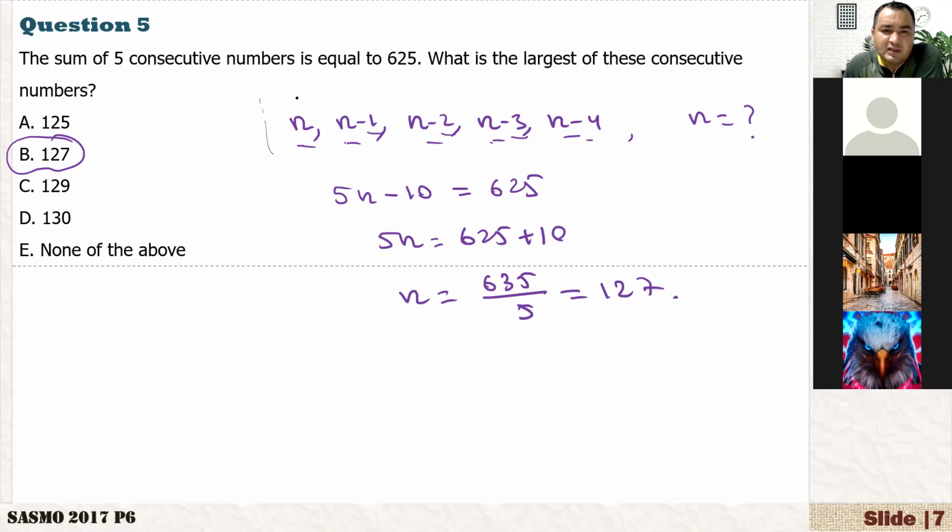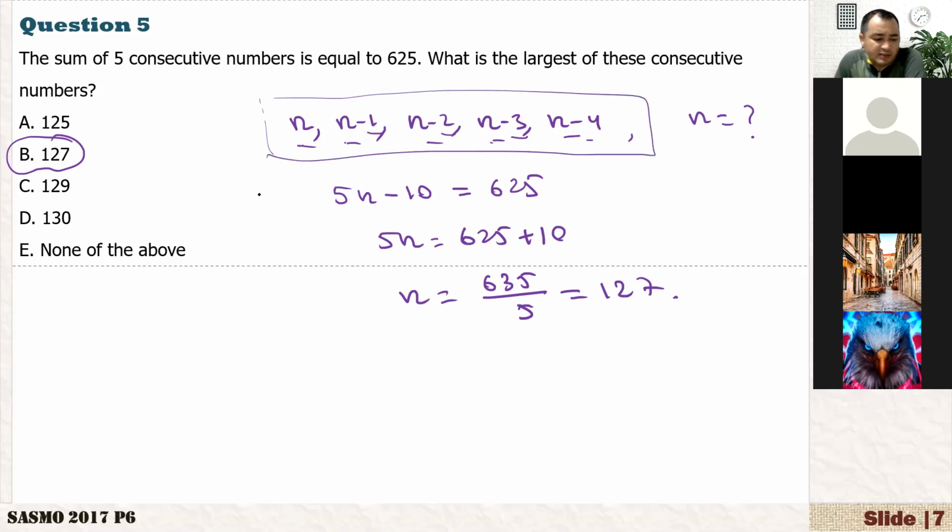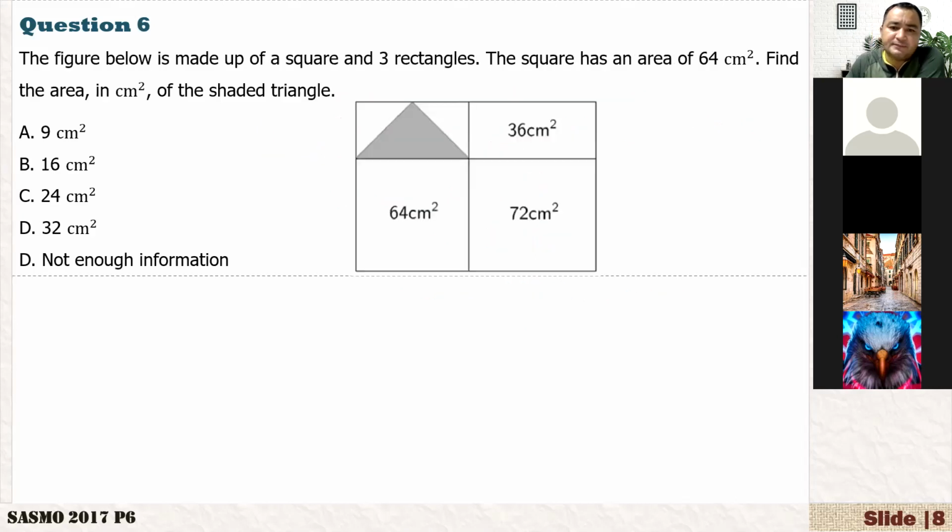Okay, let's just actually consider this. We do this together. I will ask you the next question. Okay, Fikriya, is everything okay? Yes. All right. Fikriya, read the question. The figure below is made up of a square and three rectangles.